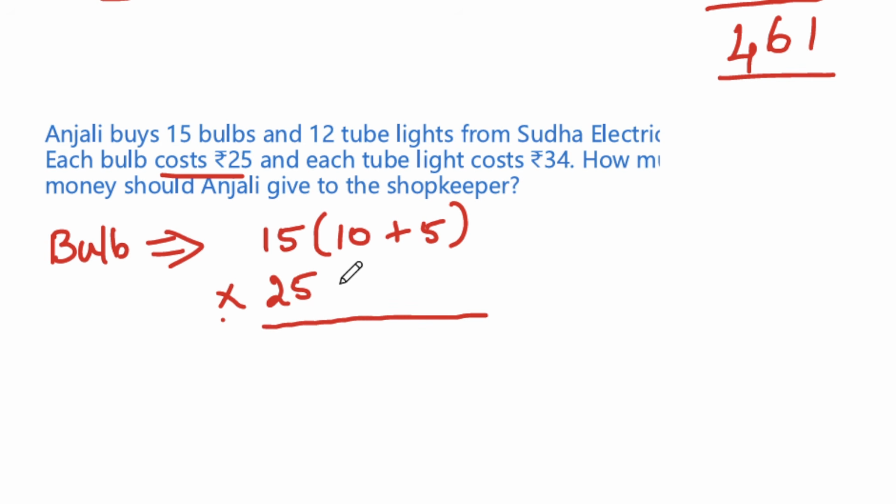This one can be written as 20 plus 5. Okay, so first 5 into 5, 5 5s are 25.